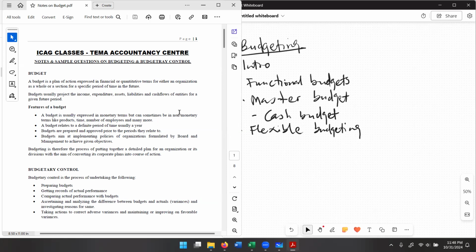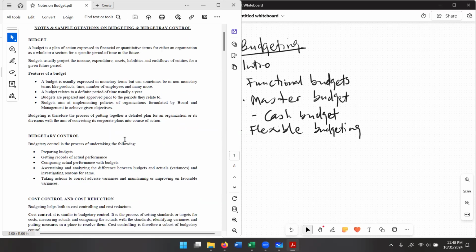So you don't do a budget for a past period. A budget is done for a future period. And it should cover a specific period, be it 1 year, half a year, a quarter, and all that. So when you look at features of a budget, you will get all the ingredients as per the definition we've talked about.